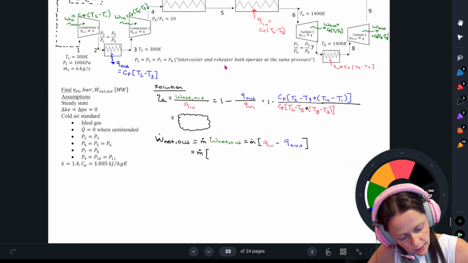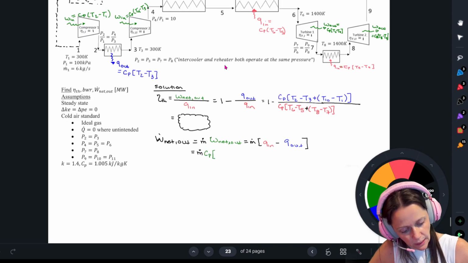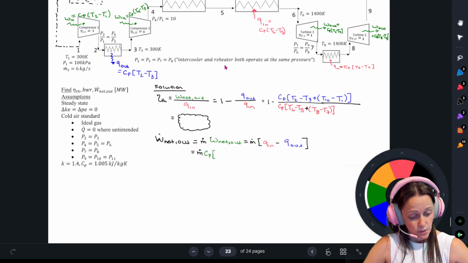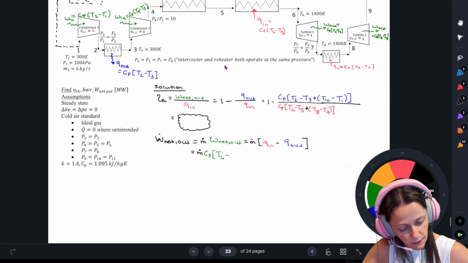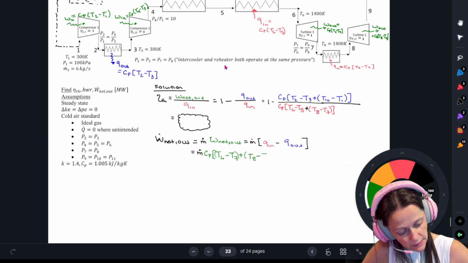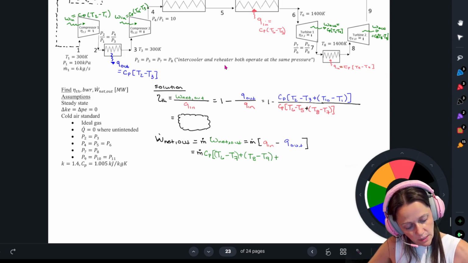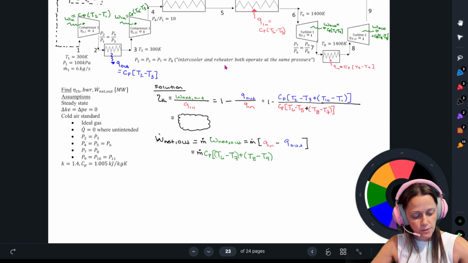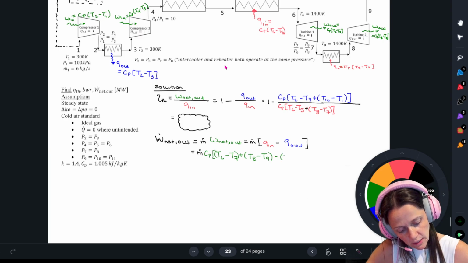So work net out, there's going to be a Cp and some delta Ts. So I have 6 minus 7 plus 8 minus 9 plus, actually not plus. So those are the work outs minus both of the work ins.